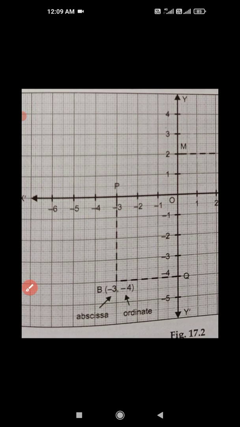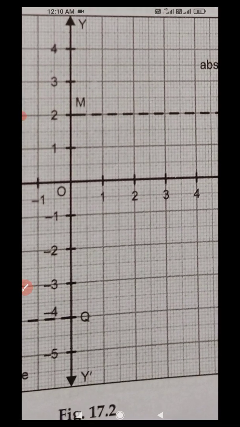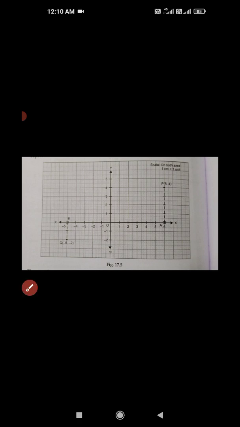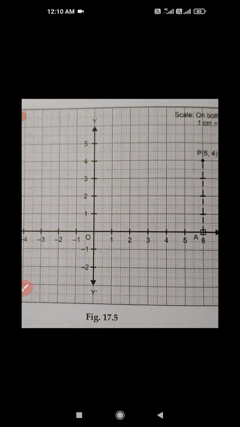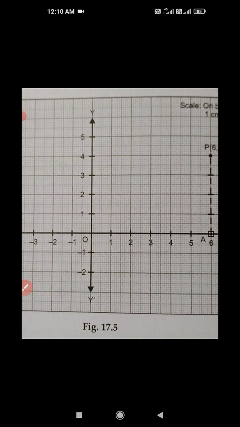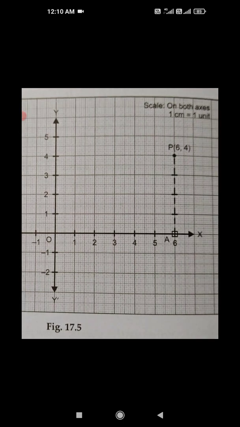Let me show you another example. Here I have another example taken from your book. I like this one because it helps us to do things in an easier way. So suppose you want to locate the position of point P (6, 4). How to do this?